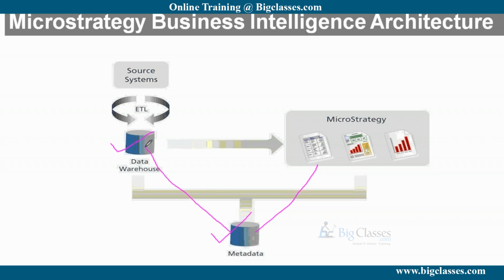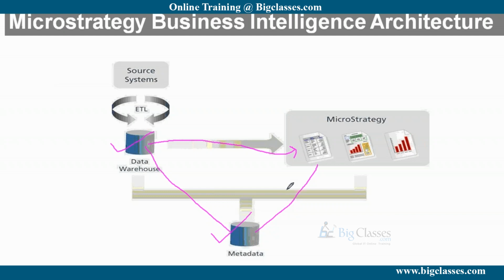It will first understand what objects you have used in your report: customer and sales. As I said, metadata contains the object information and definitions. It will retrieve those definitions, like which table and column customer is pointing to, and which table and column sales is pointing to. Once those definitions have been fetched, it will generate the SQL query.